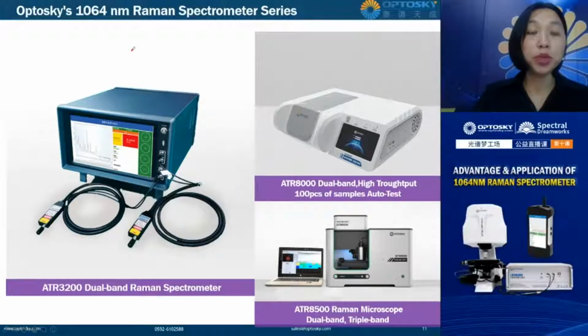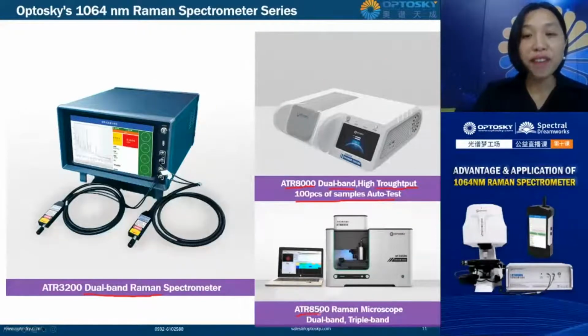And also the Autoskies dual band Raman spectrometer ATR 3200 has 1064 Raman spectrometers, and we have the ATR 8000 dual band high throughput Raman spectrometer, which can detect 100 samples after a test. It's very unbeatable, and a very popular model in China.